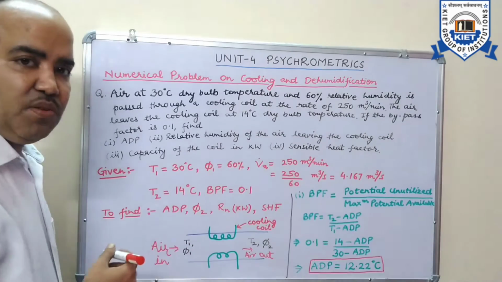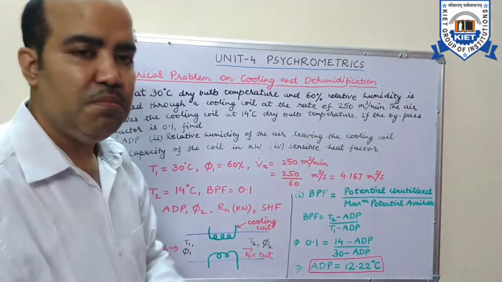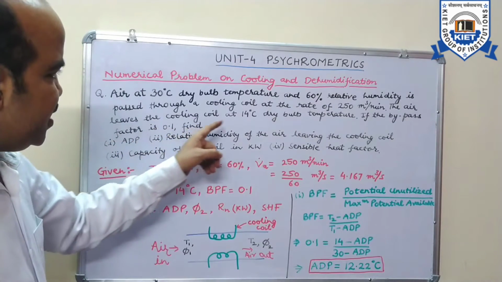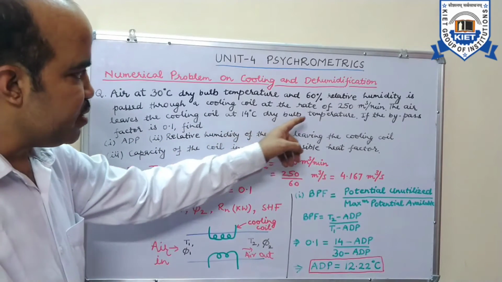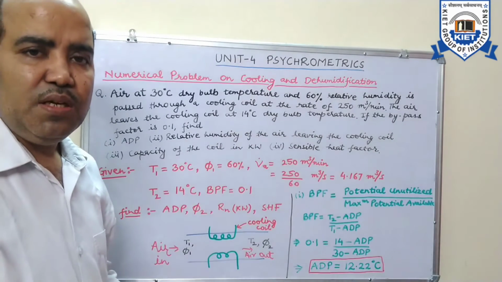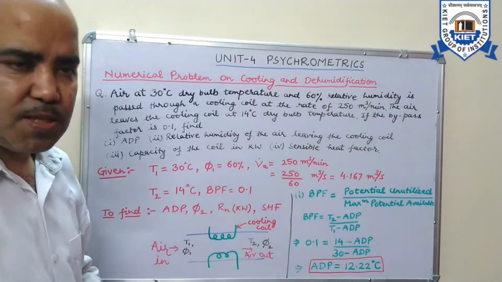The volume flow rate is given as 250 meter cube per minute. The air leaves the cooling coil at 14 degrees Celsius dry bulb temperature.